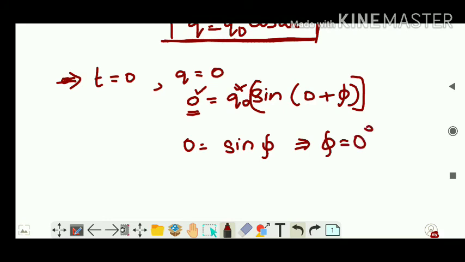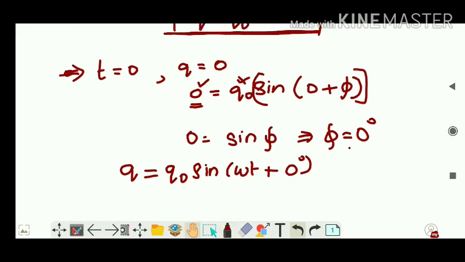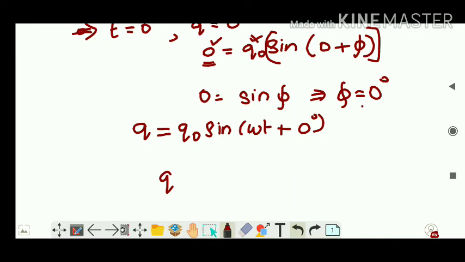So I can write the initial expression for q as q is equal to q naught sine omega t plus 0, or q is equal to q naught sine omega t.